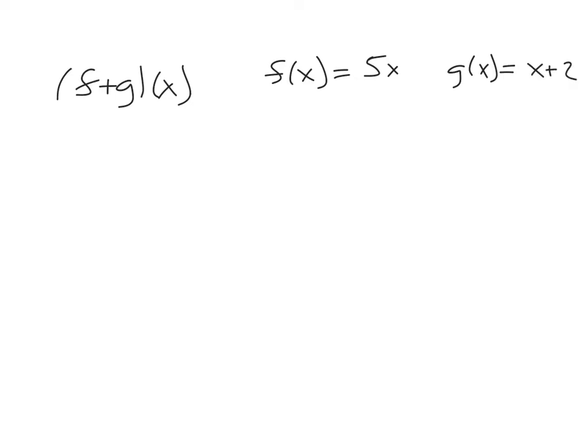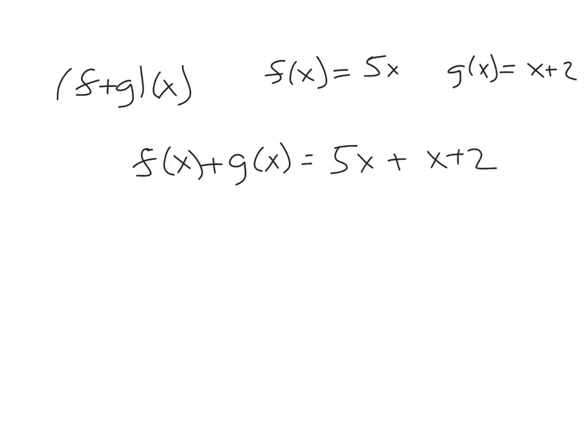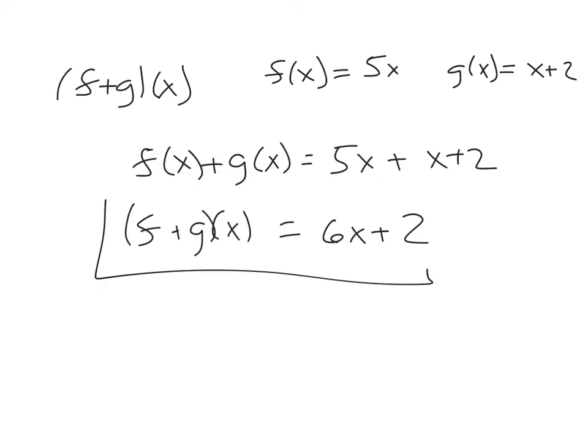So if I were to do f plus g, that will give me f of x plus g of x. So that's 5x plus x plus 2. So all we have to do is combine like terms, and that gives me 6x plus 2, and that is f plus g of x. Okay? And there you go.